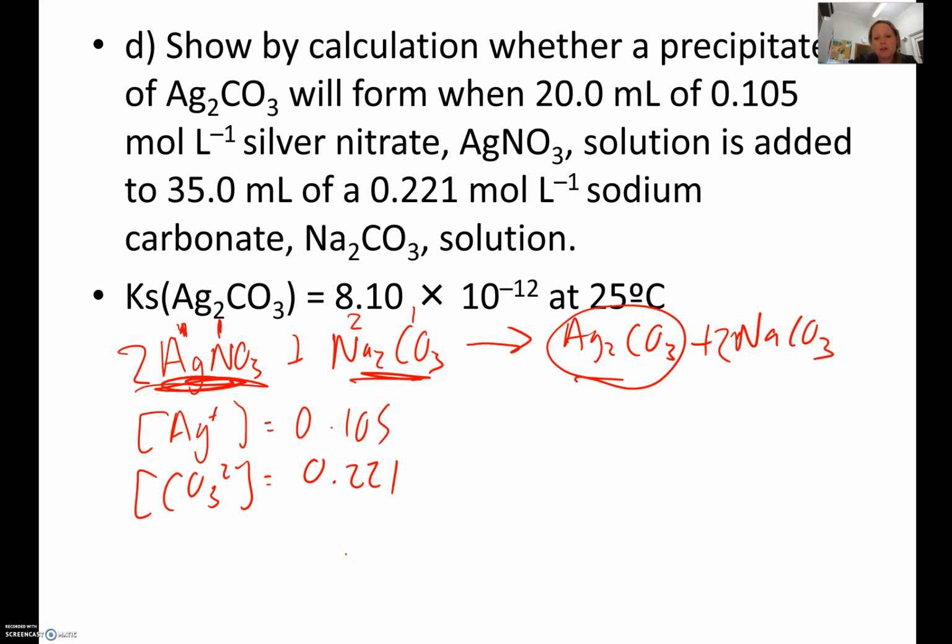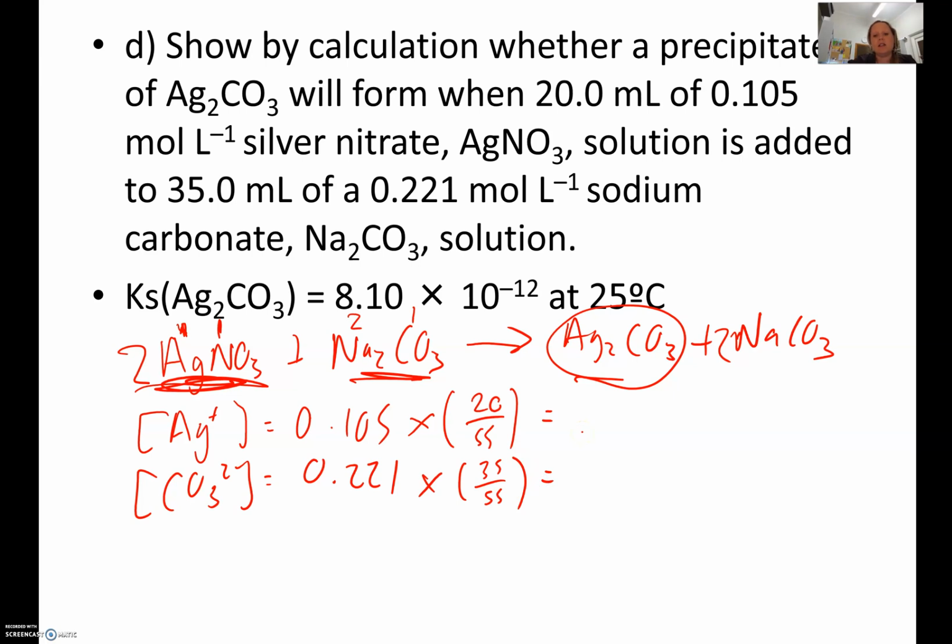Now remember, when you mix two solutions together in chemistry, they dilute, so we have to do dilution. The silver nitrate was 20 mL, so 20 is the original and the new volume is 55. And the carbonate was 35 mL, so that one's going to be 35 over 55.